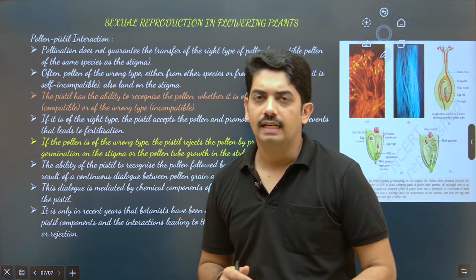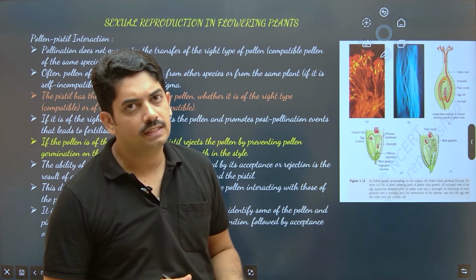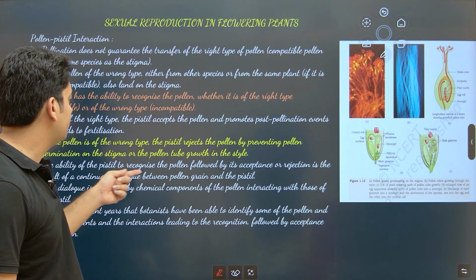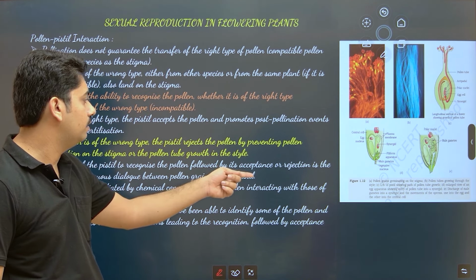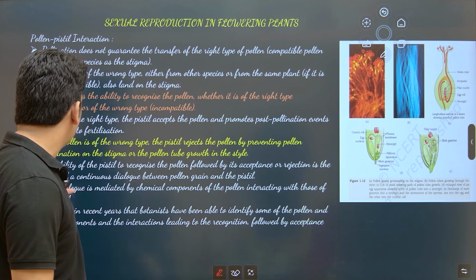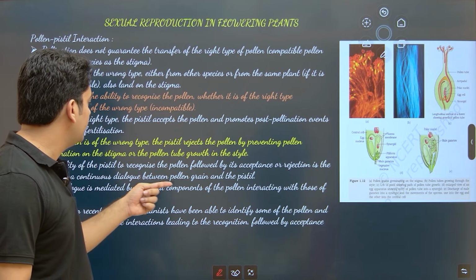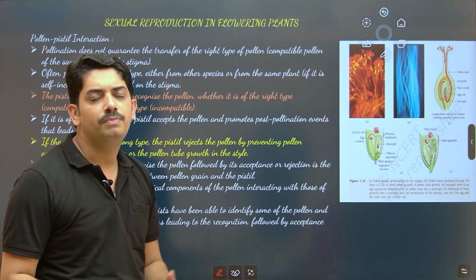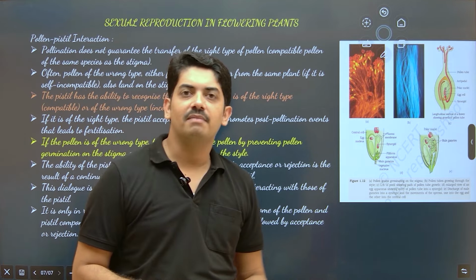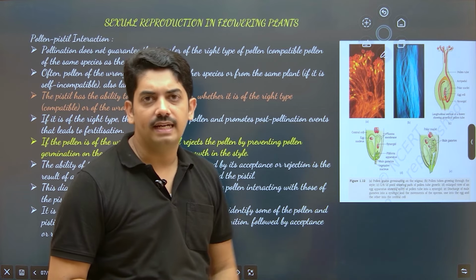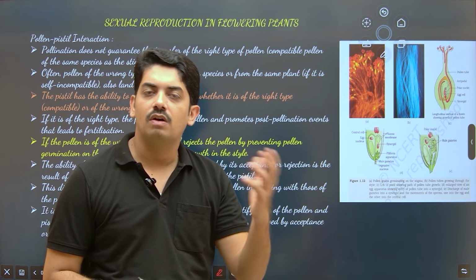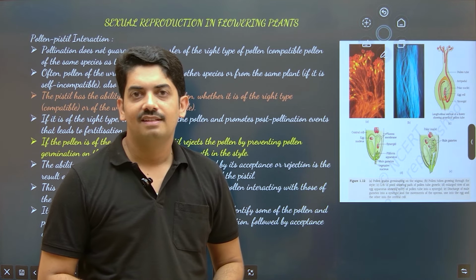The wrong pollen grains deposited on the surface of the stigma are rejected. The ability of the pistil to recognize the pollen, followed by its acceptance or rejection, is the result of a continuous dialogue between the pollen grain and the pistil. See how beautiful it is. We think we are brilliant. Just look at the plants. They have the ability to recognize pollen grains just on their surface, right?